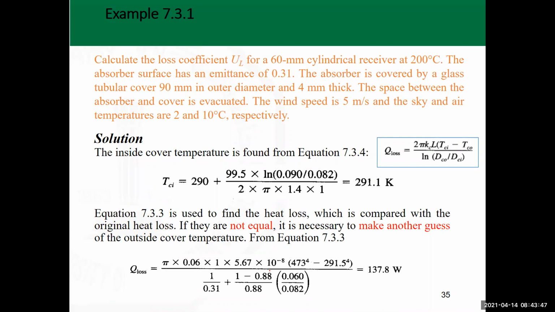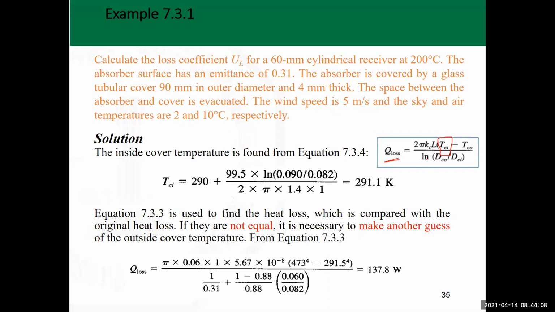Then we are going to go to equation 734 for the calculation of the inner surface temperature of the cover. Q loss has been calculated from the previous equation. We substitute here, and our target is to calculate the value of TCI.